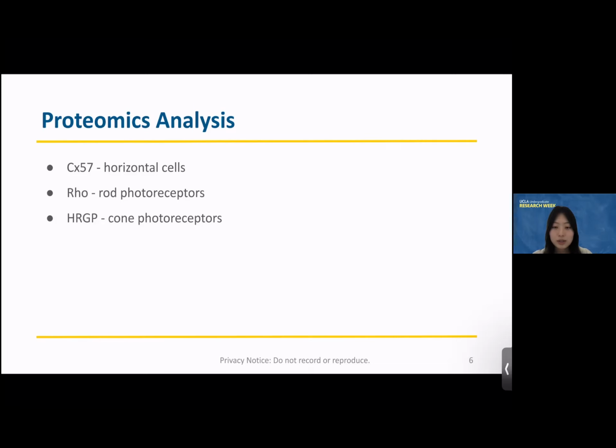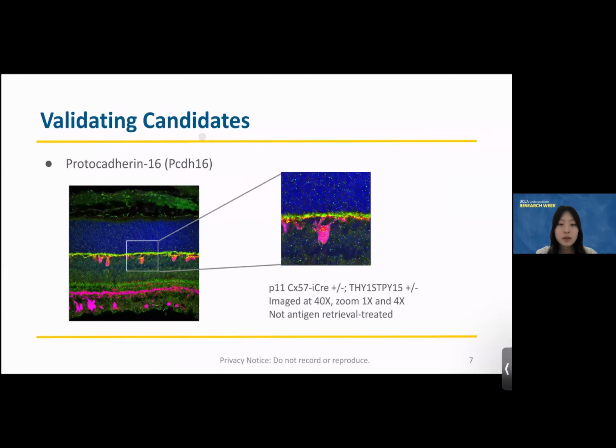After proteomics analysis, we derived a list of candidate cell surface proteins for each cell type, allowing us to delve deeper into studying the role of individual proteins found to be enriched and their respective functions in mediating synaptogenesis. Ongoing analyses have focused on validating top protein candidates through additional labeling experiments.